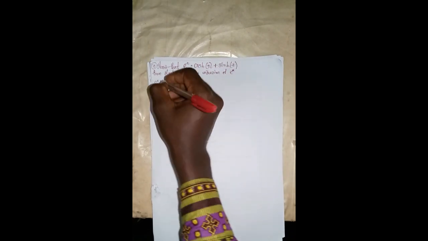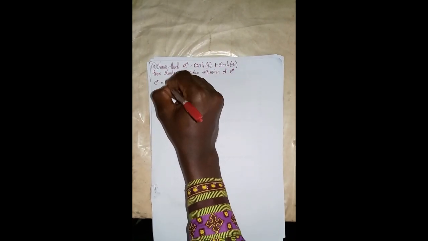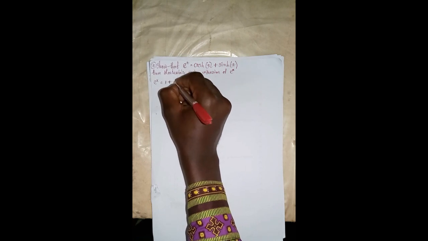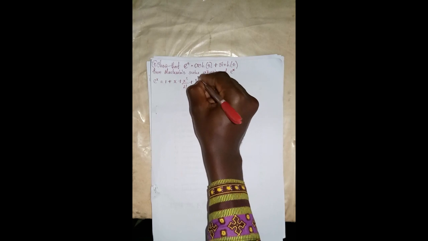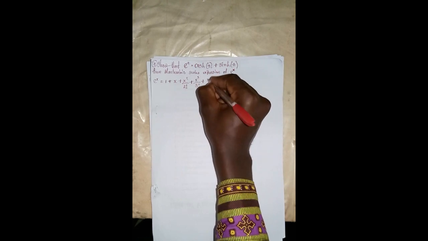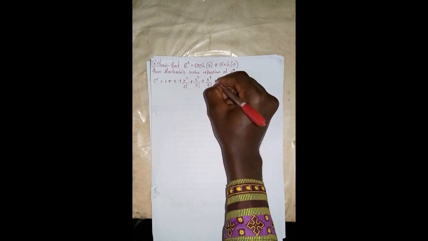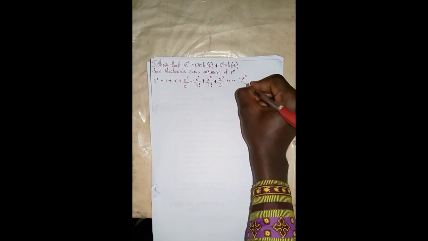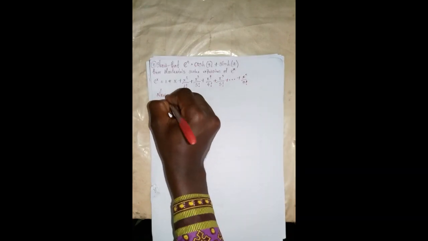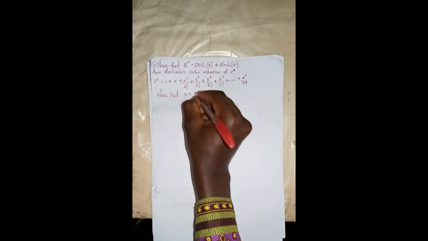So we have that e raised to the power of x, same as from our previous assessment, is equal to 1 plus x squared over 2 factorial plus x cubed over 3 factorial plus x raised to the power of 4 over 4 factorial plus x raised to the power of 5 over 5 factorial, and so on, plus x raised to the power of n over n factorial. Now what we do is that we put x to be equal to z.